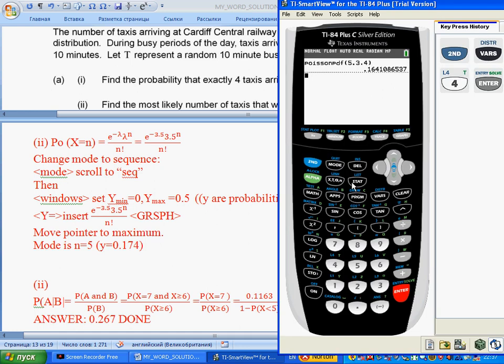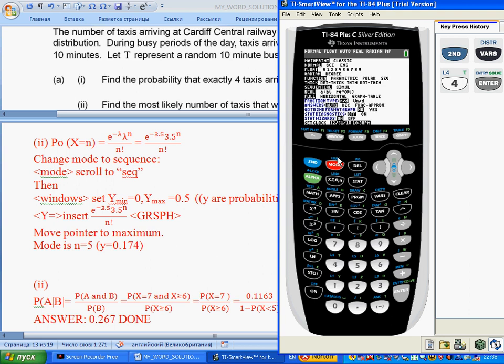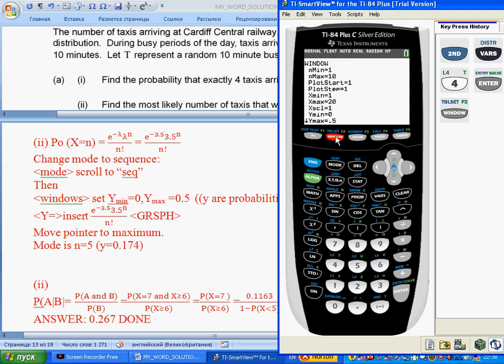Mode, here you have function, so you move to sequence, and you press enter. Now we are in sequence. In window we put y minimum. So we already put y minimum 0, y maximum 0.5.